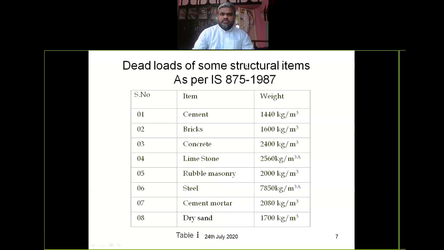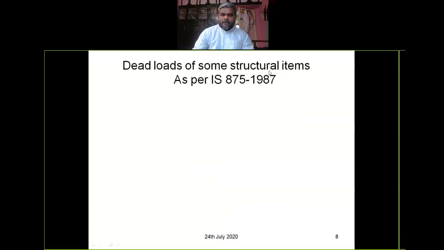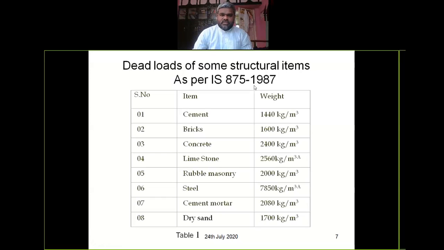Dead loads of some structural items as per IS 875 are given. See, cement is 1440 kg per meter cube, bricks is 1600, concrete is 2400, limestone is 2560, rubble masonry is 2000, steel is 7850, and cement mortar is 2080.